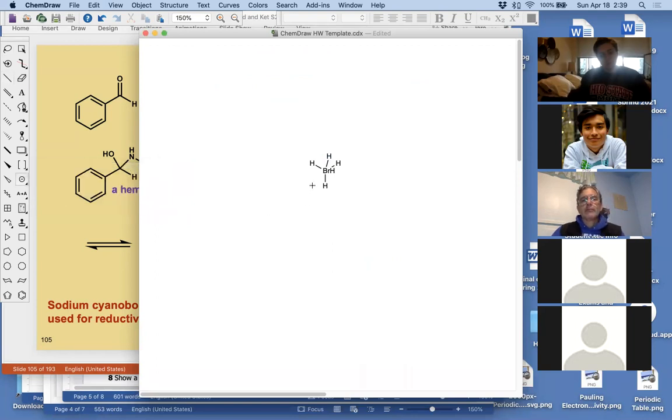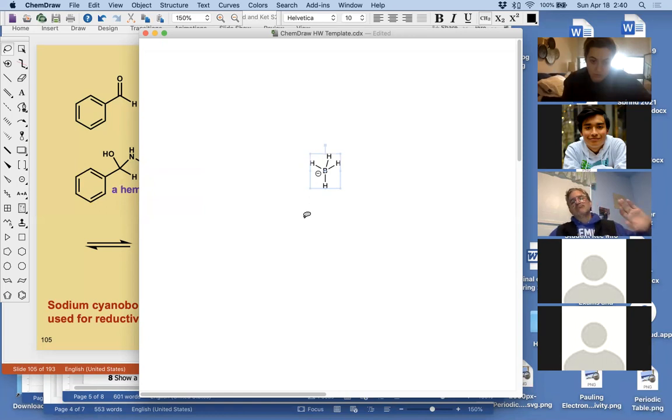Oops, not bromide. Hydrogen is more electronegative than boron. So these hydrogens have some degree of partial negative charge. That's why it transfers hydride. And the BH3 is not an unreasonable compound, lack of octet notwithstanding. So what's the impact of the cyanide?